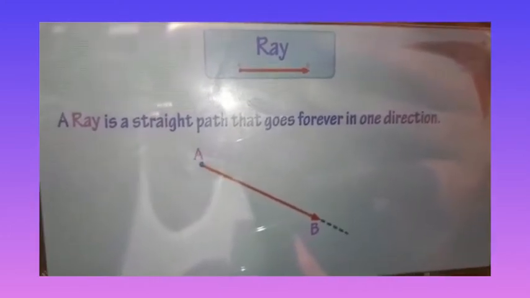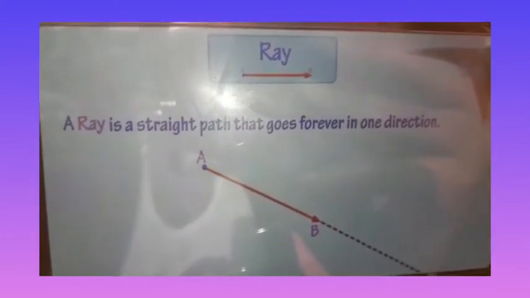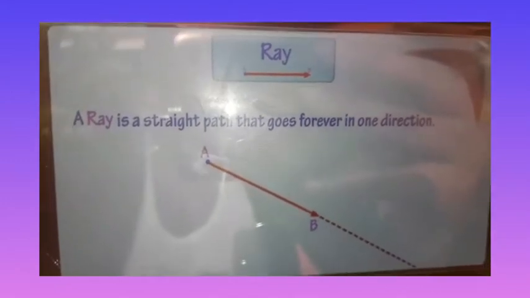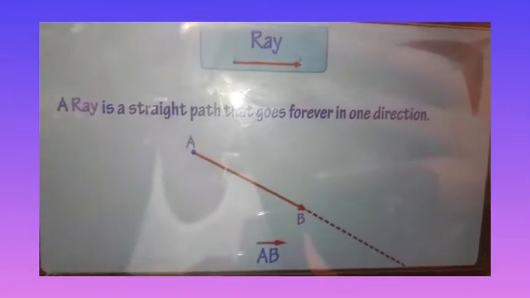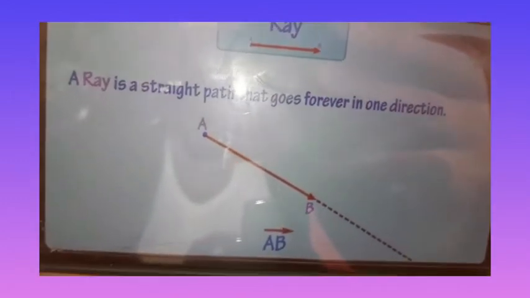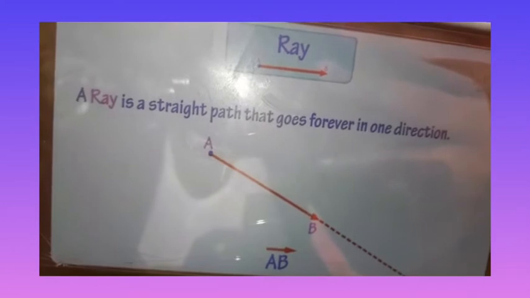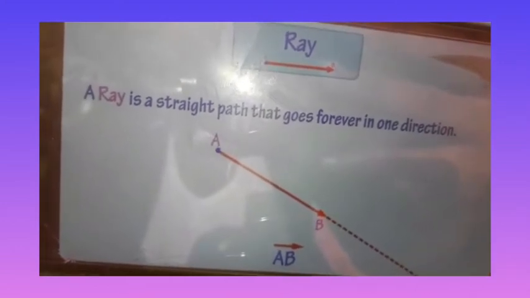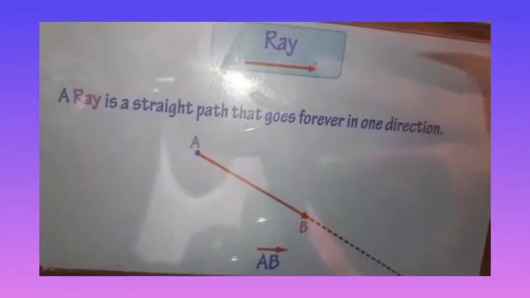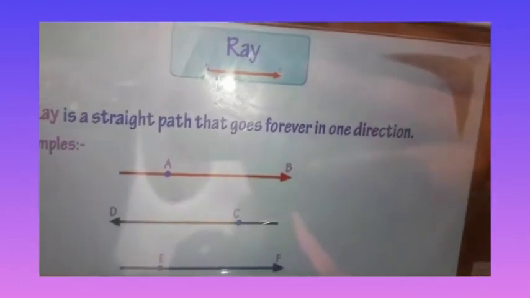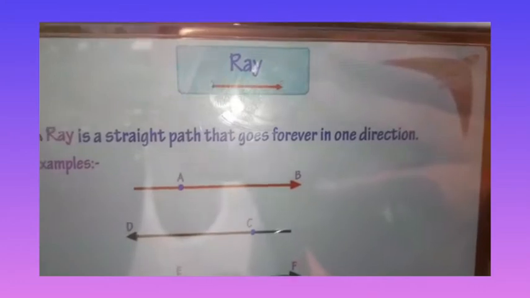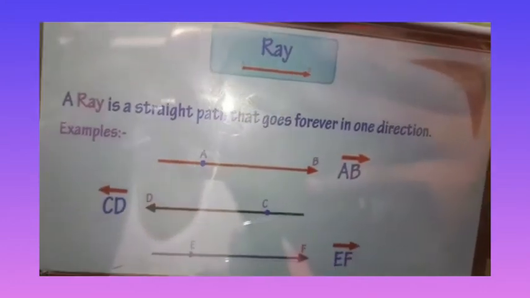It goes forever in this direction. It is named like this. The symbol on top of the name shows that this is a ray starting from A and goes forever in direction B. Here are more examples of rays, and they will be named like this.